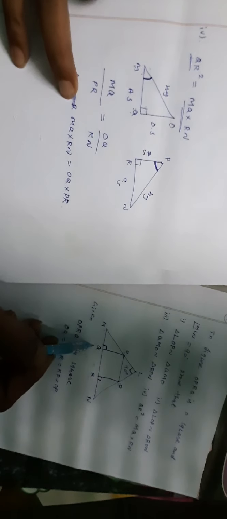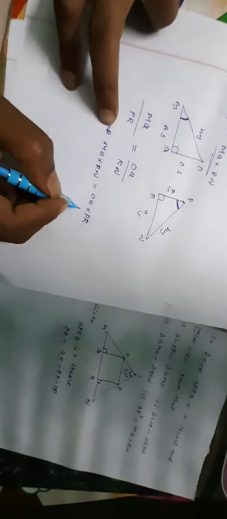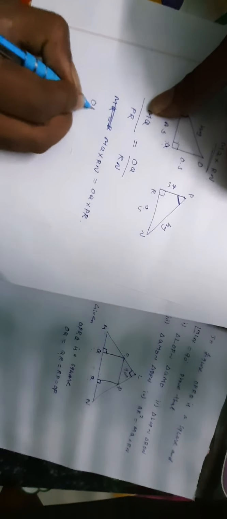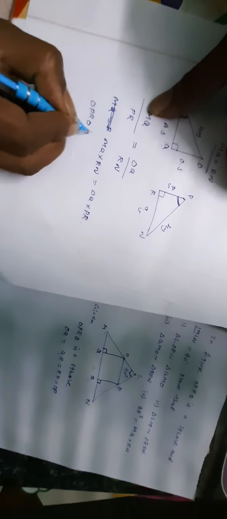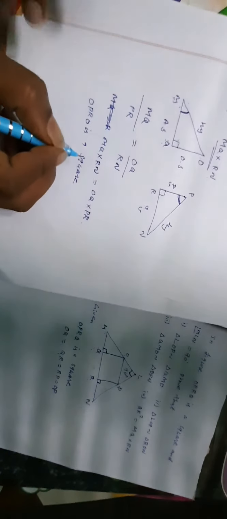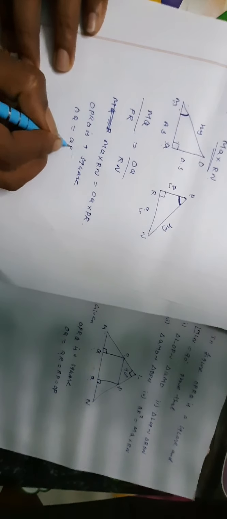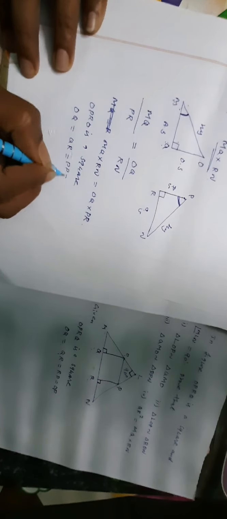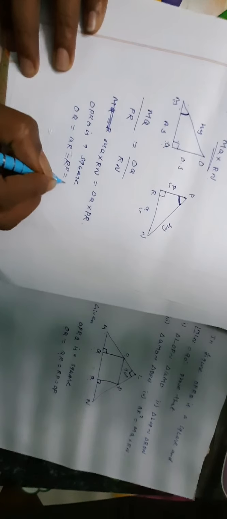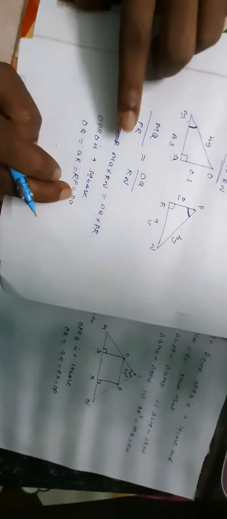OPRQ is a square, so the four sides are equal. So I can take this result here. Square means all the sides are equal, so we can get OQ is equal to QR is equal to RP is equal to PO. So all the sides are equal.